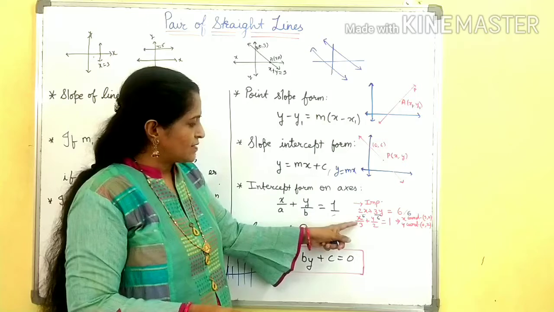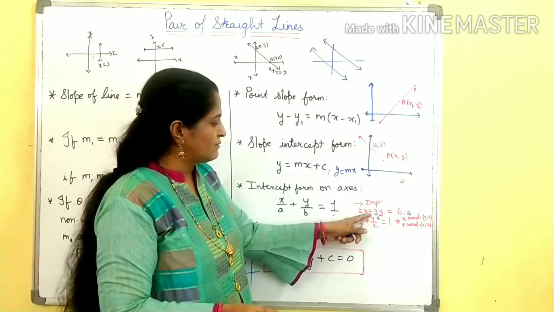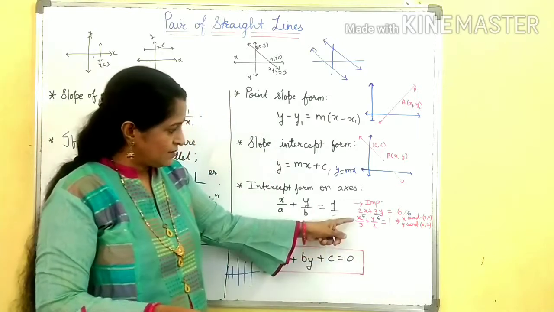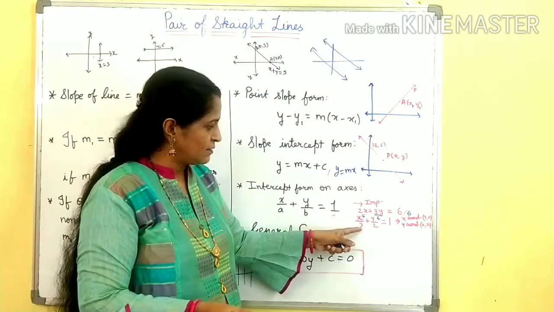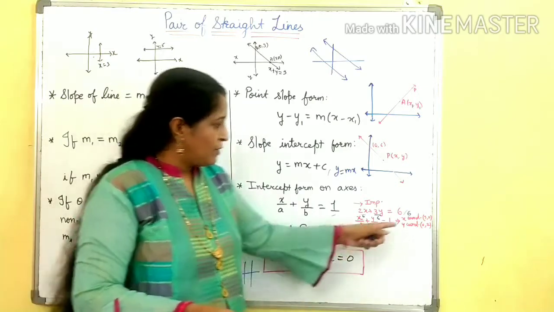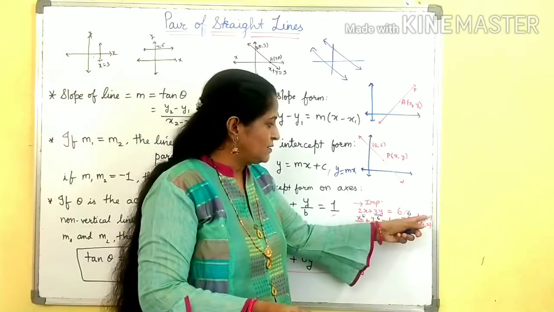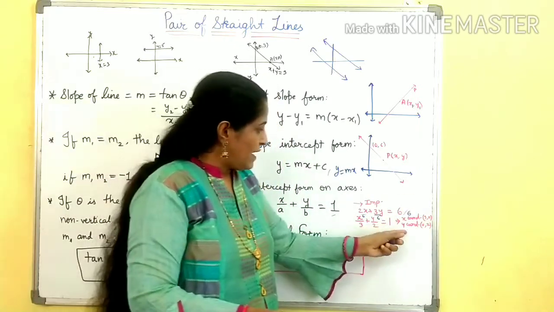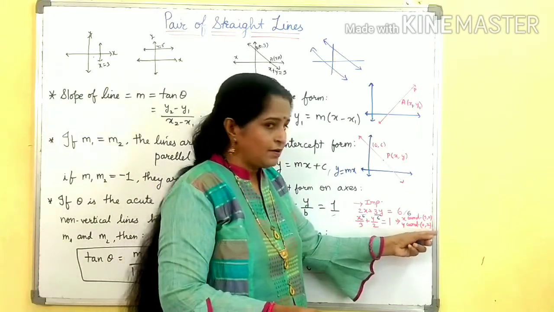Then we get x upon 3 plus y upon 2 is equal to 1. That means the x coordinate is 3 and the y coordinate is 2. So the point on the x axis is (3, 0) and on the y axis is (0, 2).